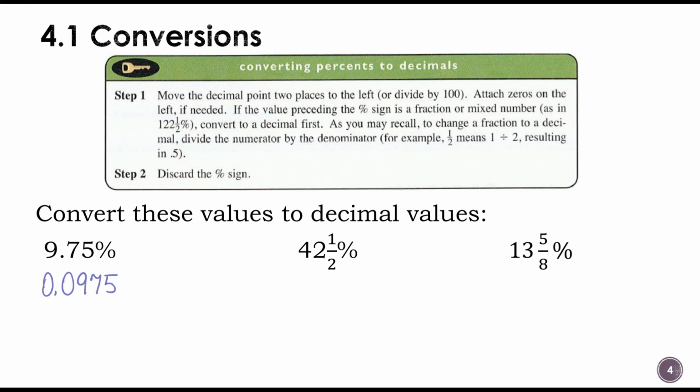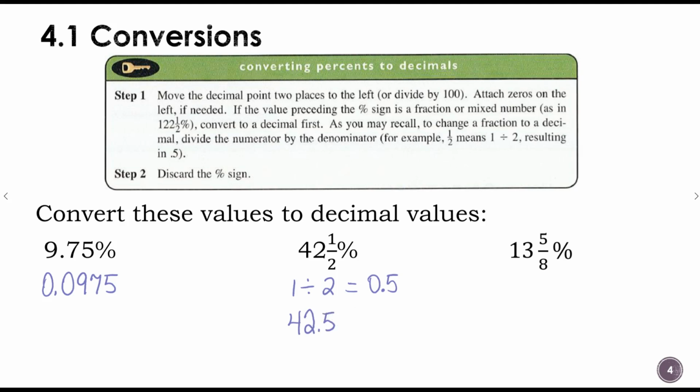On the next one, before I can even convert this to the decimal, I need to know what 1/2 would be in decimal form. And I think most people know that. You just take the 1, divide it by 2, and you're going to get 0.5, right? So this is actually 42.5%.